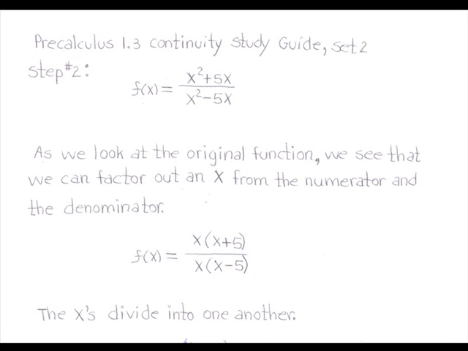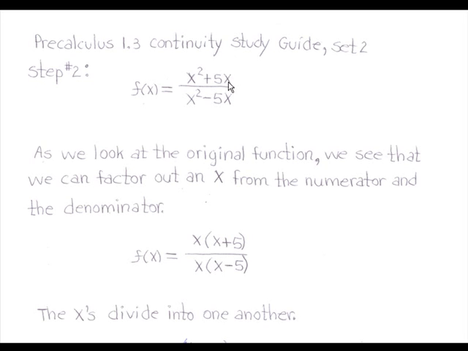Now we are at step 2. So here is the given original function, x squared plus 5x divided by x squared minus 5x. As we look at the original function, we see that we can factor out an x from the numerator and the denominator, because the highest power that we can factor out from either term is x to the first power.